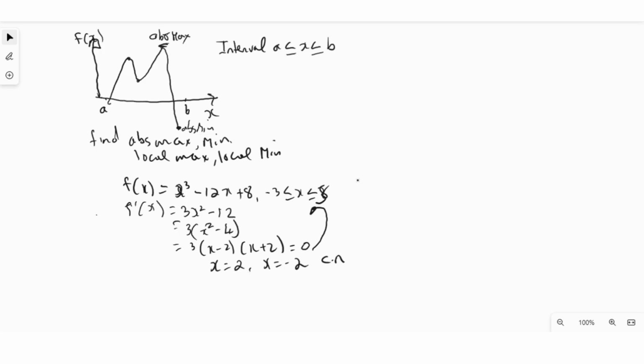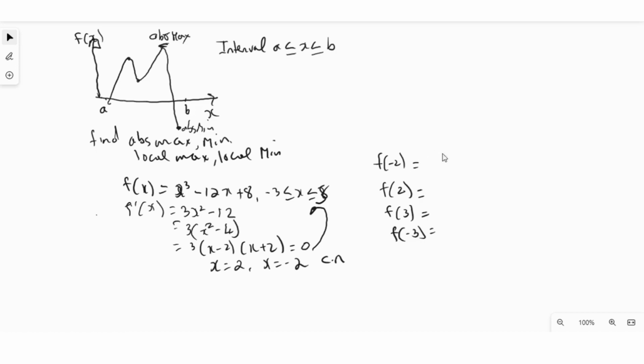So to find the absolute, we substitute all the critical numbers we have, -2 and 2, and the end points, 3 and -3. We substitute these on the original function.